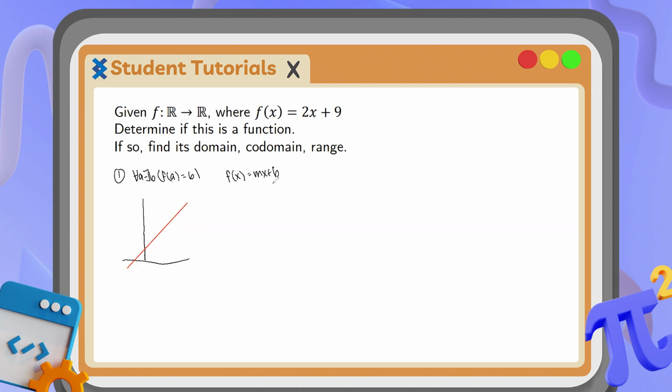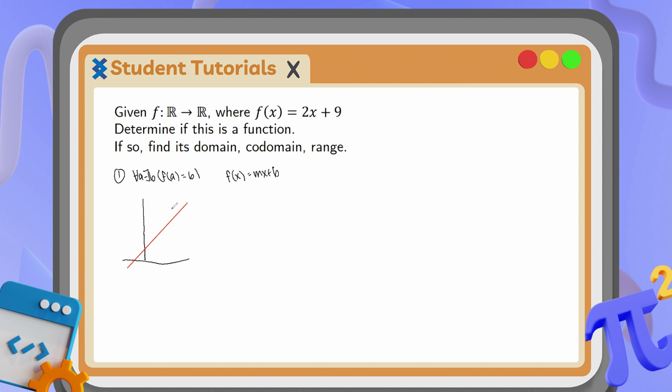So this is a linear function. And since it's a linear function, you would see that it does not generate more than one output for every input in the domain, all real numbers. And since it's all real numbers, it would be a continuous graph where there would be no spaces in between the numbers whatsoever.